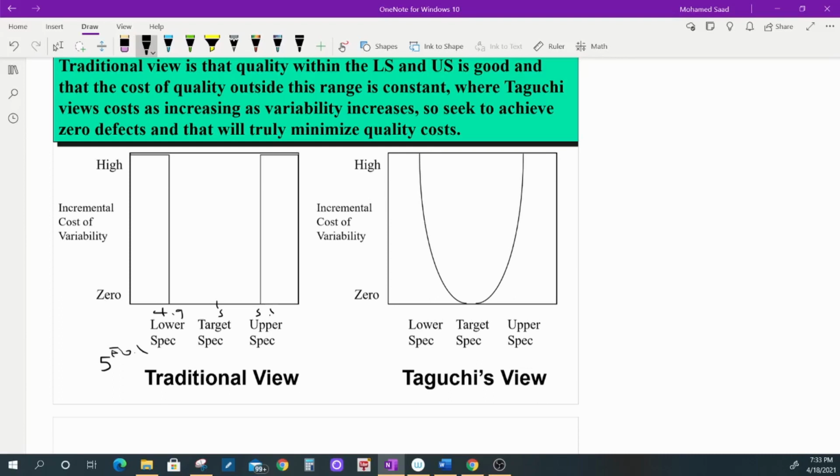So the traditional view was, okay, if I'm within these limits, I'm okay. If I go out here or here, higher than this or lower than this, then I will pay more in cost. But for Taguchi, he's saying that the further you go from the mean or average value, the more you start to have an increase in cost.